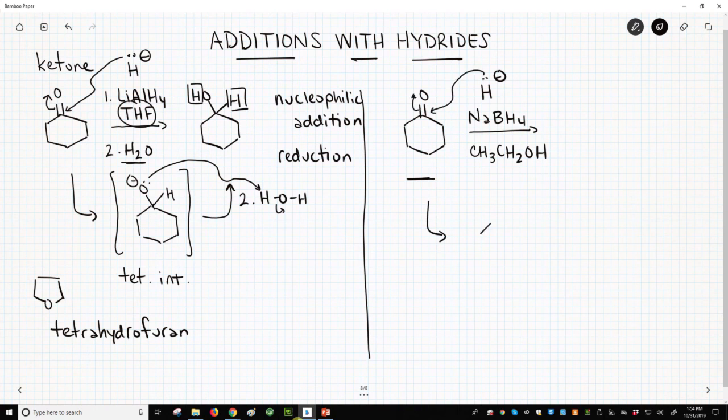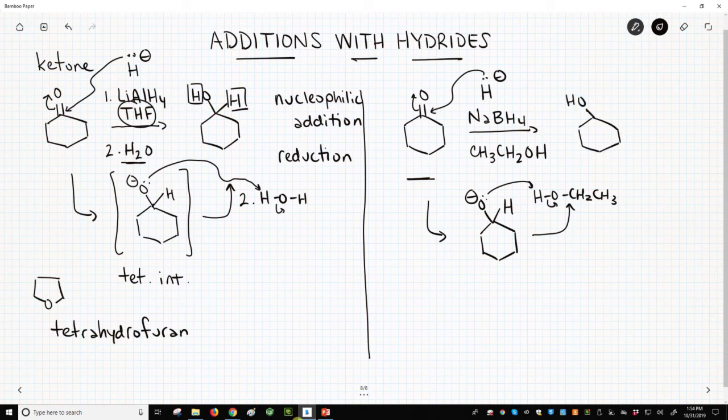here's our mechanism. Here is our tetrahedral intermediate. As soon as that forms, the alcohol solvent can protonate the tetrahedral intermediate and give the same alcohol.